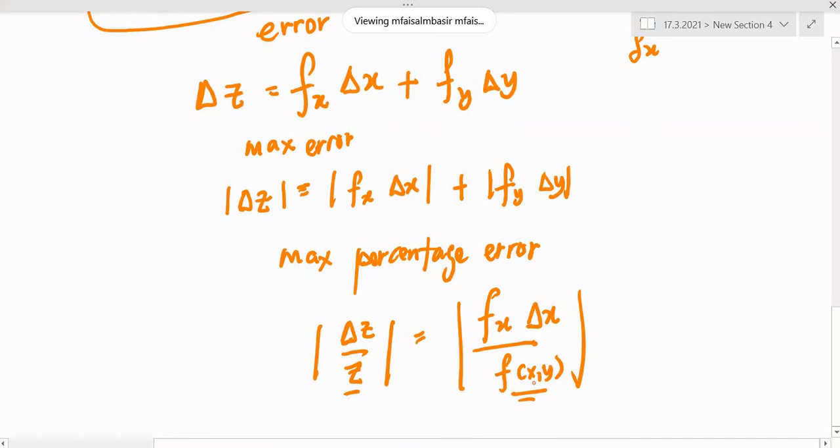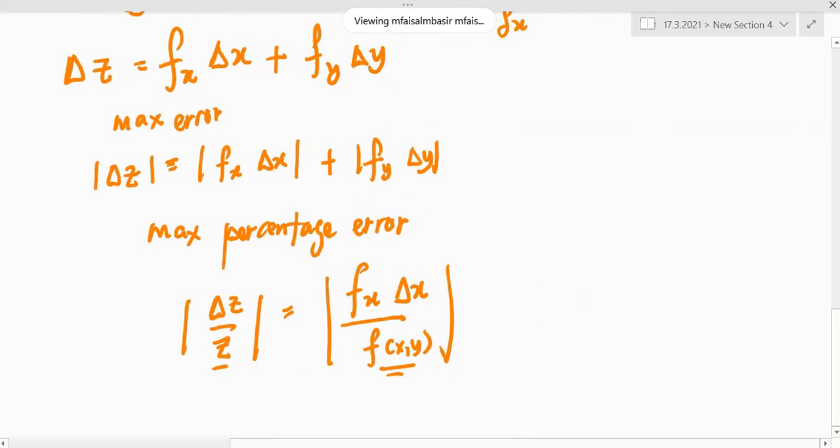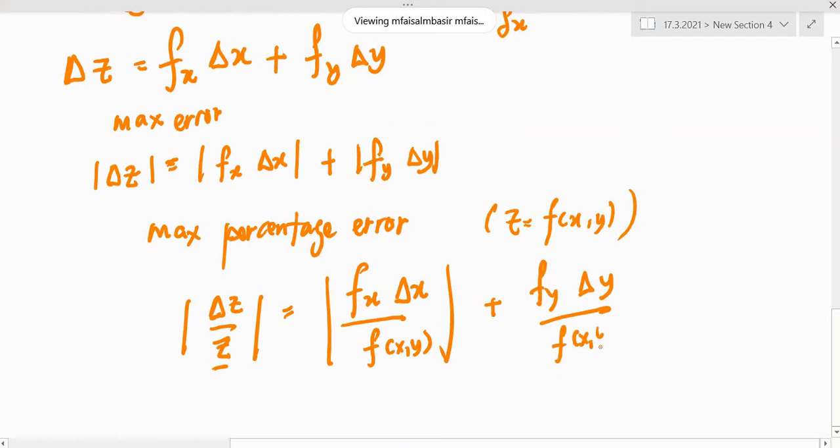Here, let's say I put z equals f(x, y). Also z here, same thing. Plus fy delta y over z.